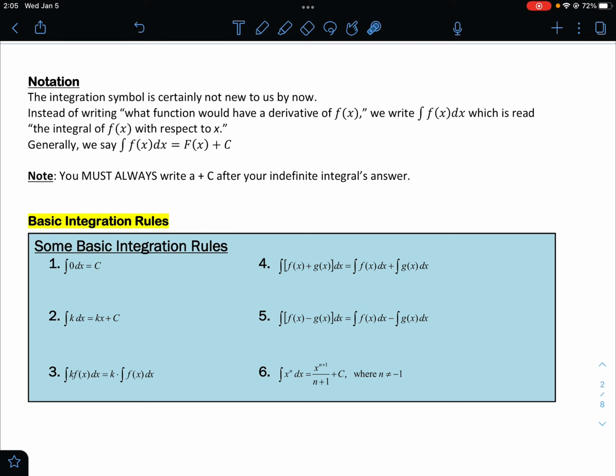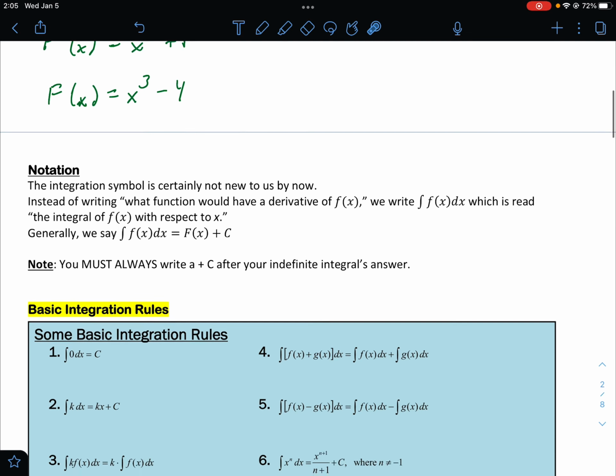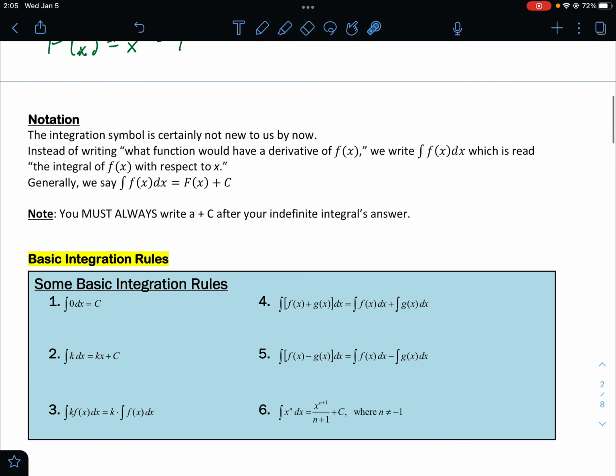Okay? Quick note here. When we wrote this plus c, that's not just me writing a plus c there to show you that. That is mandated that every time we do an antiderivative or an indefinite integral, we write a plus c at the end of it. Okay, if you don't do that, it would not be considered correct.